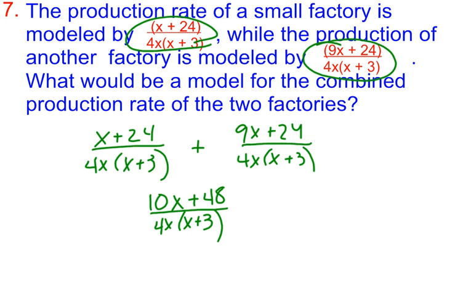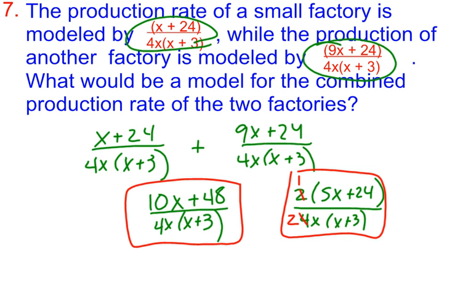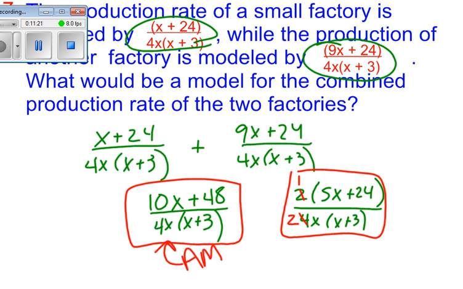So I could take a 2 out of the top and get 5x plus 24 over 4x times x plus 3. Then I would reduce this 2 and 4, and that would be my answer. This is how we would answer it in class. This is actually how Excel Math answers it, so you won't have to reduce in that. They leave it like that, so you can do that also. If you have any questions on this lesson, make sure you let me know.